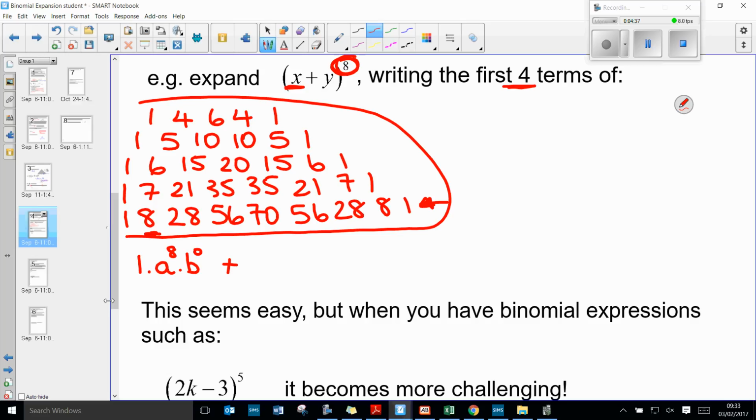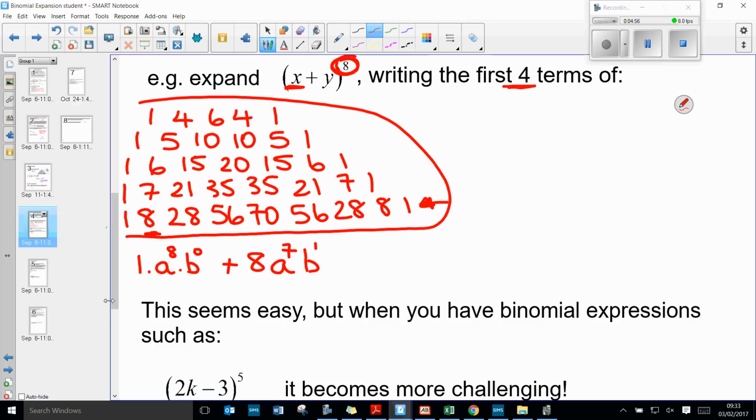So what would the second term be? Our coefficient would be 8, because that's the second term in Pascal's. Then our a would go down to a^7, and our b would now play, it would have b to the power 1.